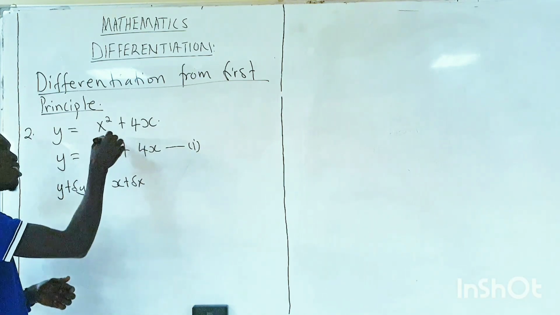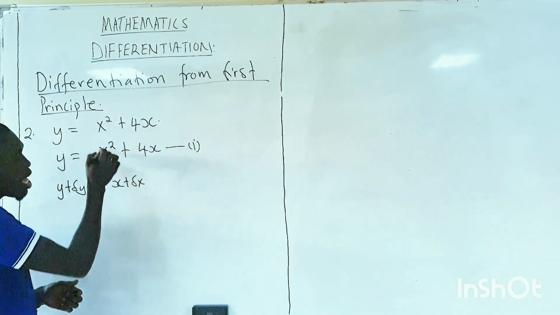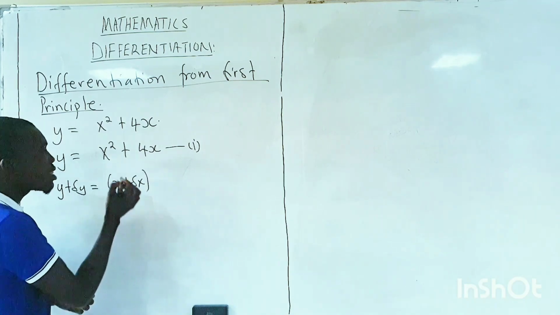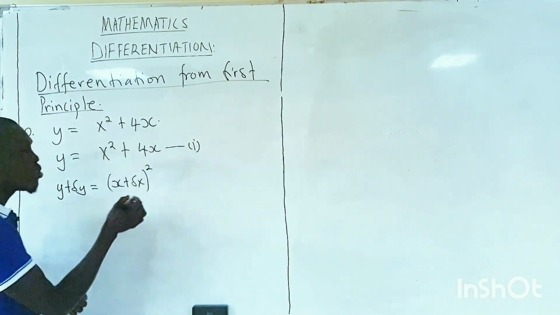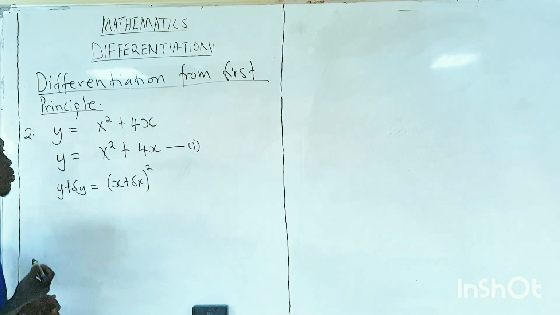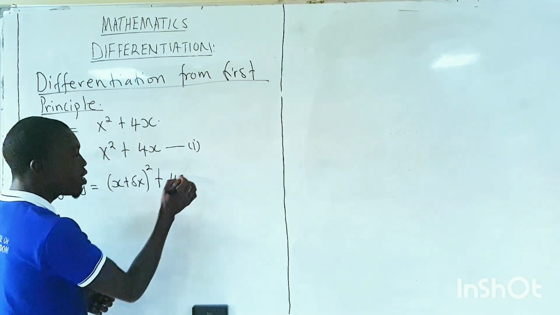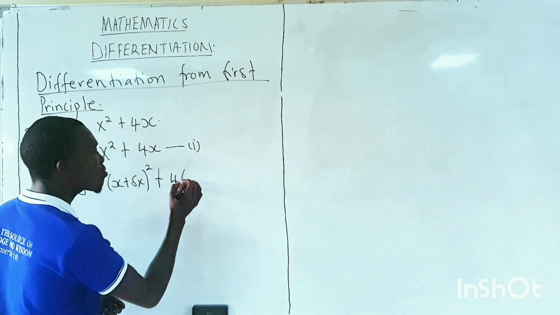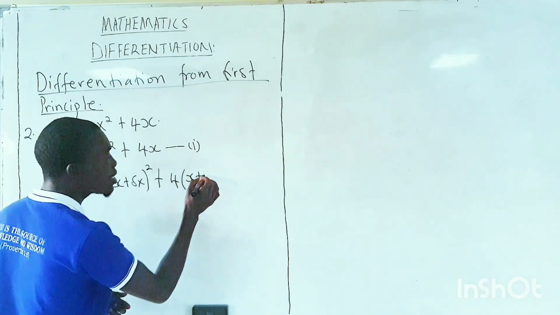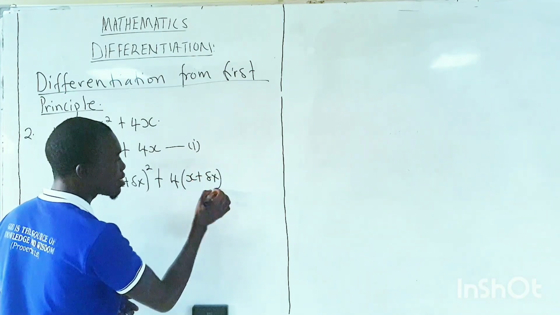Then we see that x is being squared, so we put back the square. The same thing here, we shall have plus 4 into x plus delta x.